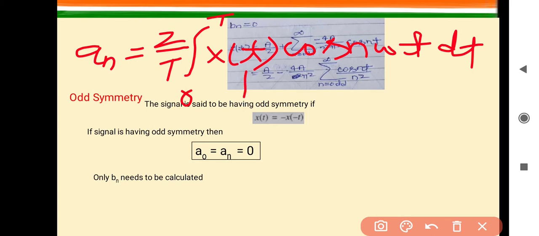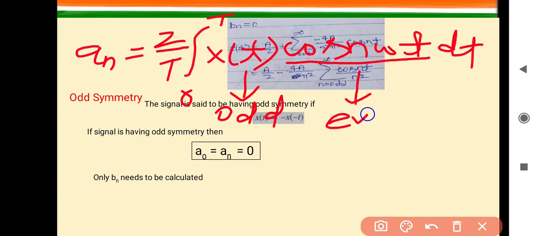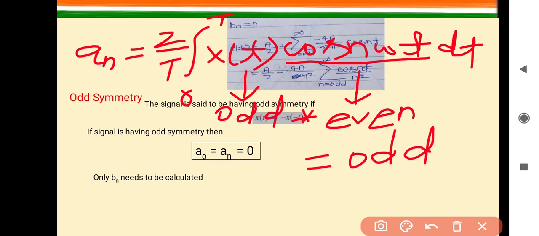Here this signal x(t) is odd, because x(t) has odd symmetry, and cos n omega t is an even signal. Then the product of this odd and even signal will result in an odd signal. Again, integration of an odd signal over a time period will always result in 0.